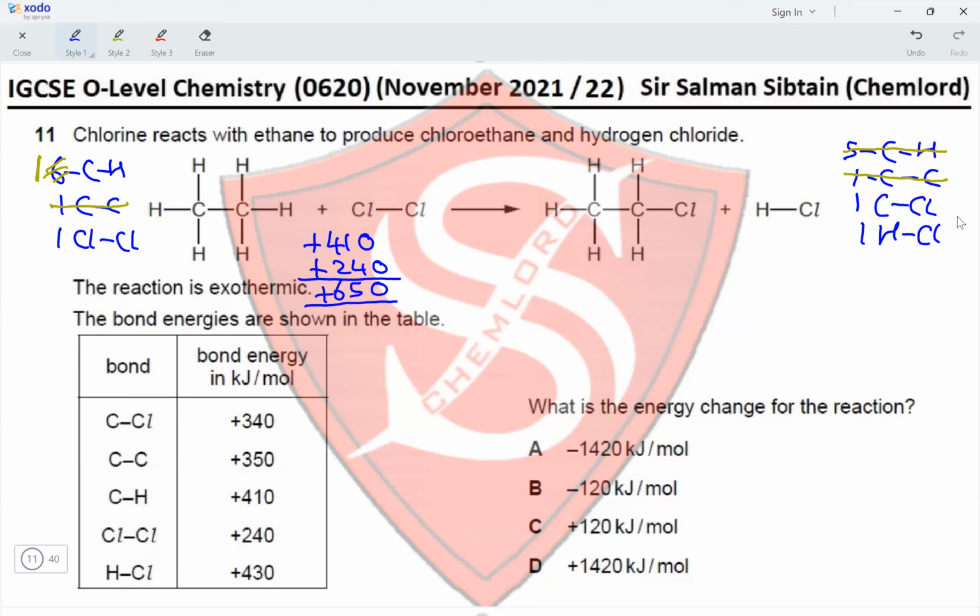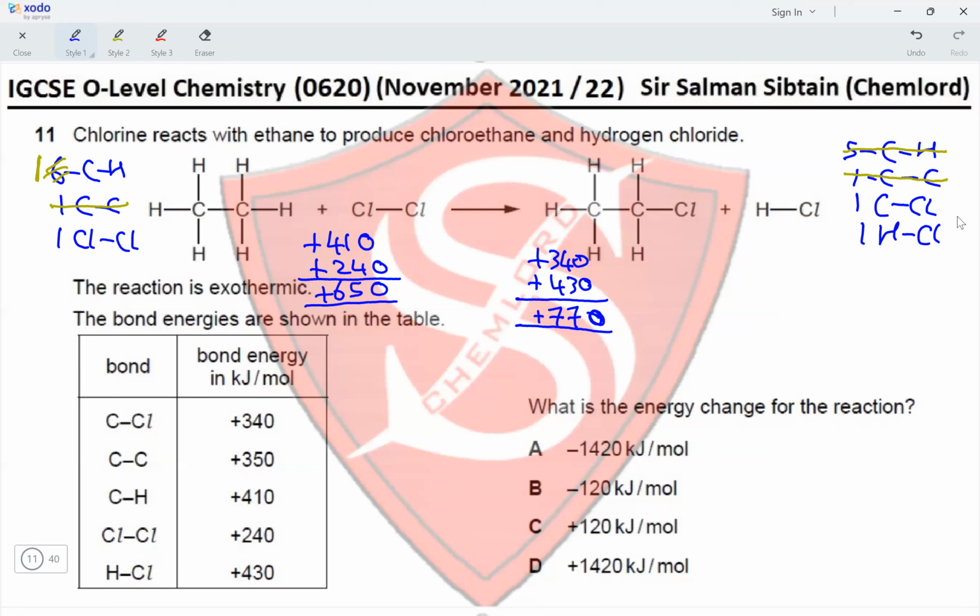Now the energy given off when bonds are formed. So we have 1 carbon-chlorine single bond. This would be plus 340 and we have 1 hydrogen-chlorine single bond. This is plus 430. So this would become positive 770. But the sign will change to negative because this is the energy given off when bonds are formed.